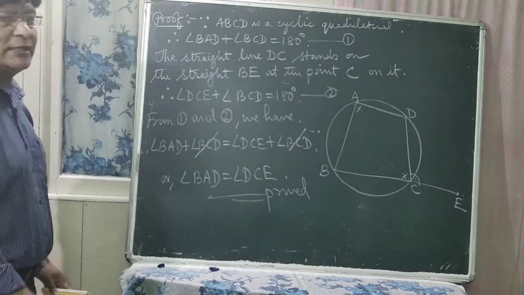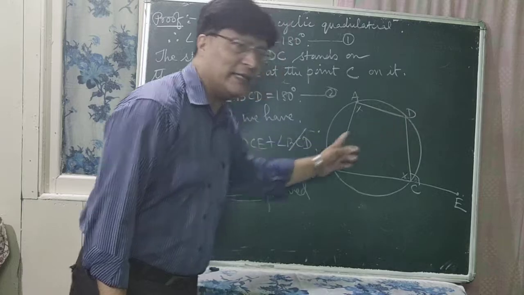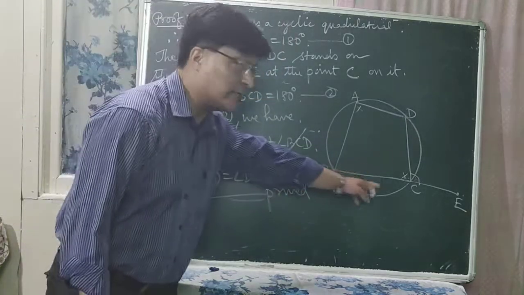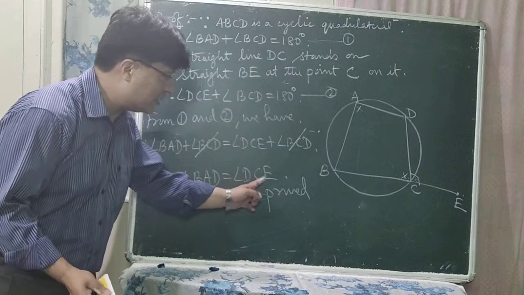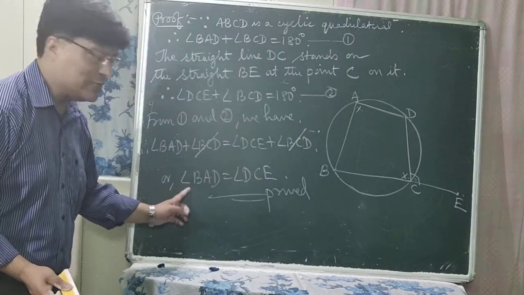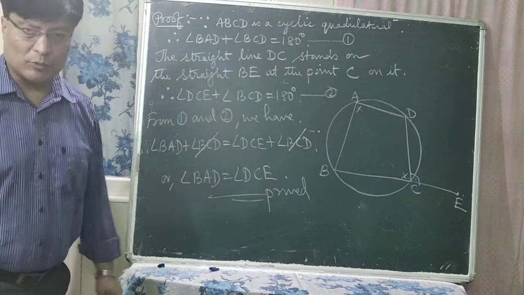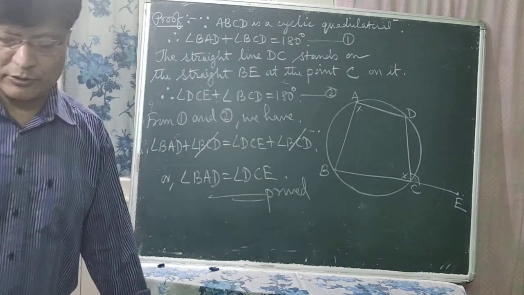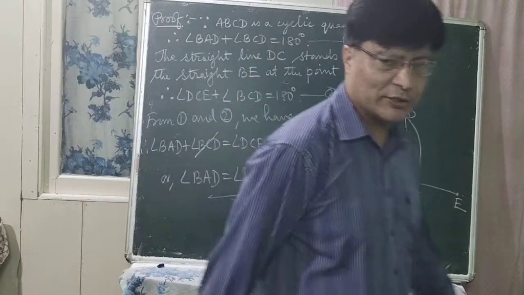That means the interior opposite angle BAD is equal to exterior angle DCE, or exterior angle DCE is equal to interior opposite angle BAD. So we have proved it. Okay? So you can copy it. Now we'll do the next theorem or application.